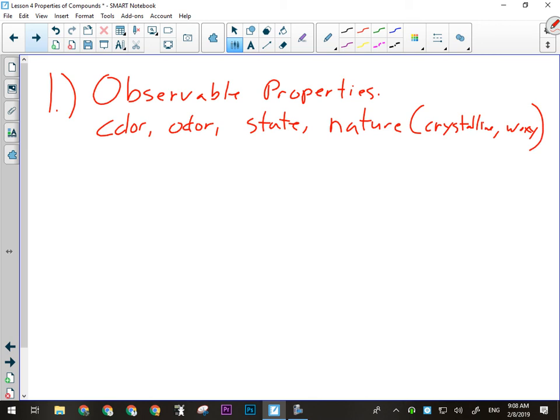The nature of its appearance. So color, odor, state, nature, and anything else that you think is important that you can observe just by looking at it. That would be your observable properties test.